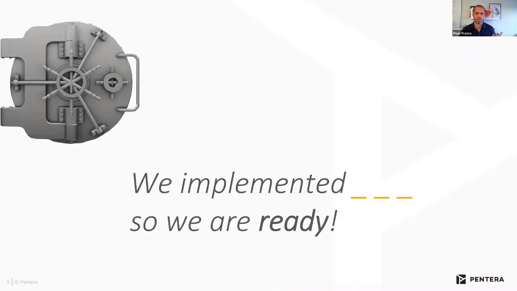But another challenge that I see when we work with our customers is: I recently implemented this, add your three-letter alphabet soup, so now we are ready. You can put here detection and response, for exposed assets web application firewall, you name it.